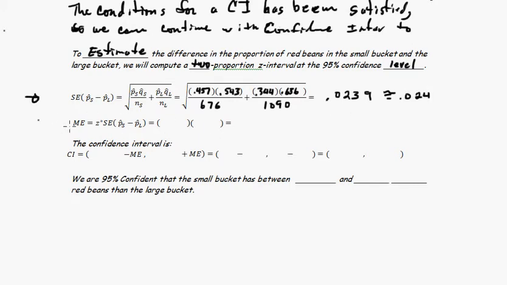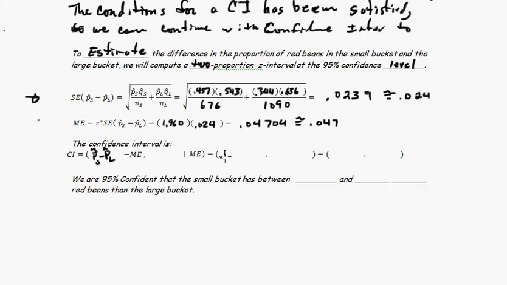So the margin of error for a 95% confidence interval is, this I have memorized, z star of 1.960 times 0.024, and that's going to be equal to 0.04704. So I'm going to say 0.047. So what we're going to do is estimate the difference. So it would be p hat s minus p hat l, and we're going to subtract off that.